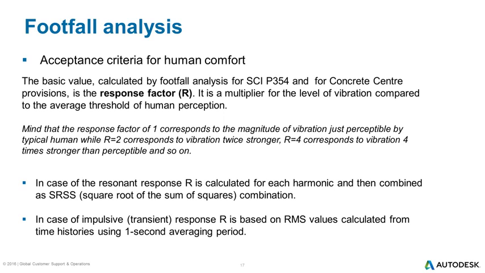R equal to 4 corresponds to vibration 4 times stronger than perceptible by us, and so on. In case of the resonant response, R is calculated for each harmonic and then combined as a square root of the sum of squares combination. In case of impulsive transient response, R is based on RMS values calculated from time histories using a 1 second averaging period.